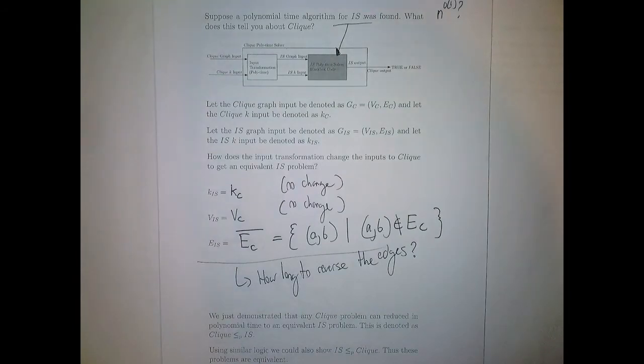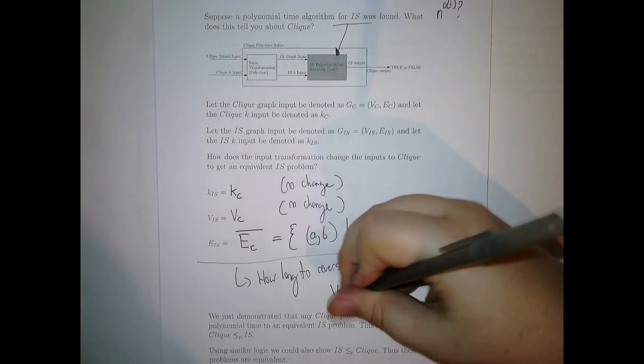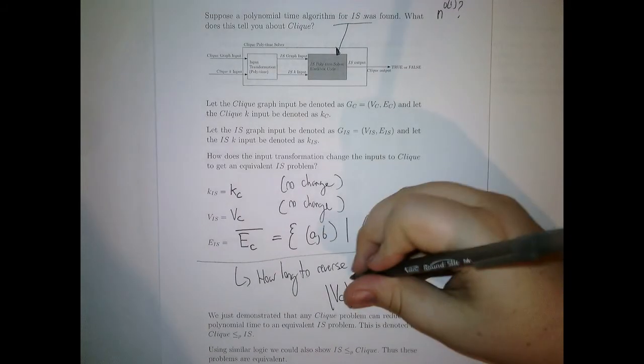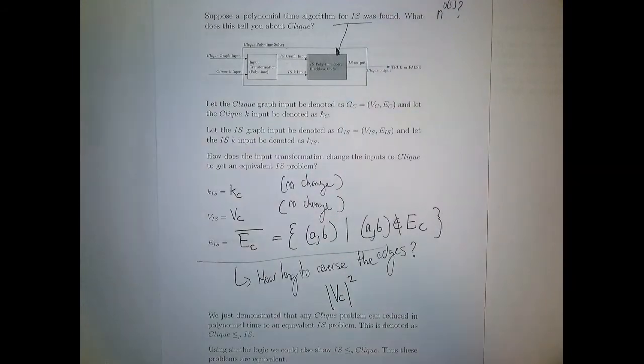Well, we have to take every edge that was present before and remove it, and every edge that wasn't present before and add it. So it's basically the number of vertices in the clique. Well, we need to reverse every possible edge, and that's the number of possible edges.